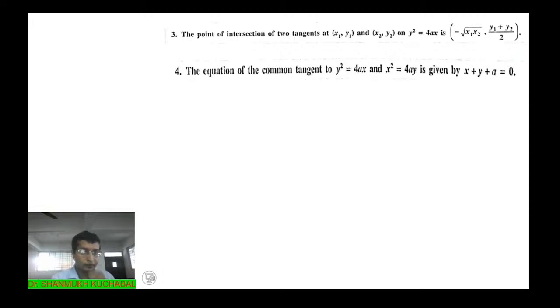Similarly, the fourth point: the equation of the common tangent to y square equal to 4ax and x square equal to 4ay is given by the formula x plus y plus a equal to 0.